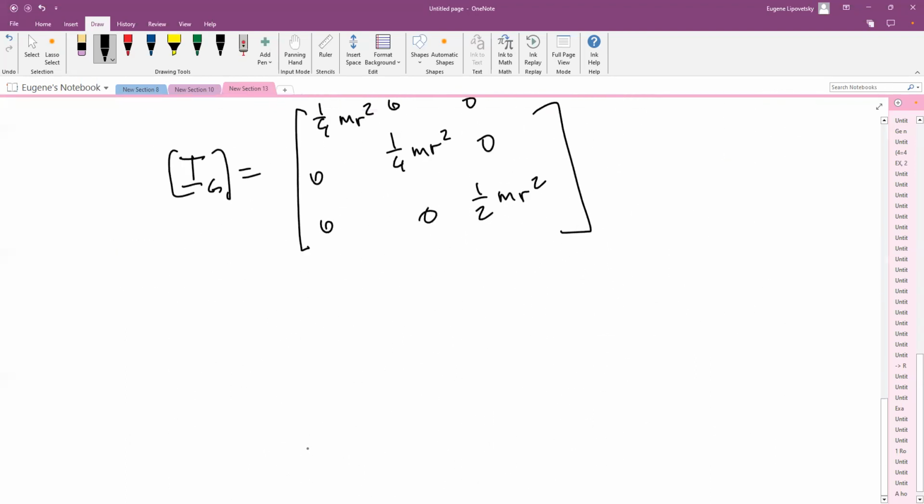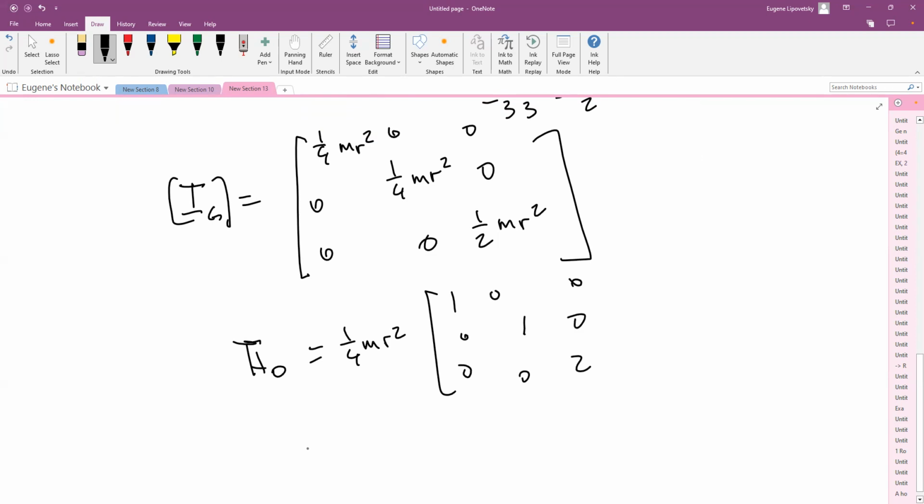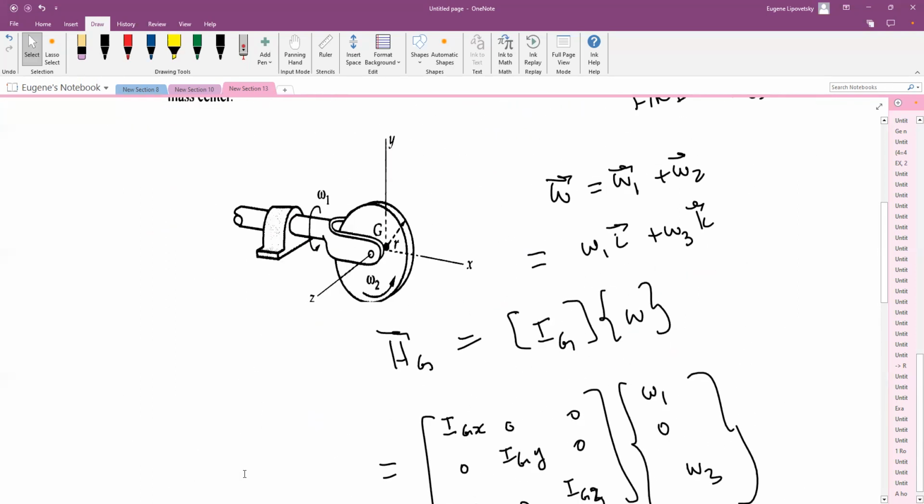Okay, so therefore H sub O equals 1/4 of mr squared times 1, 1, and 2, multiplied by the omegas, which is going to be omega 1, 0, omega 2. I believe so.